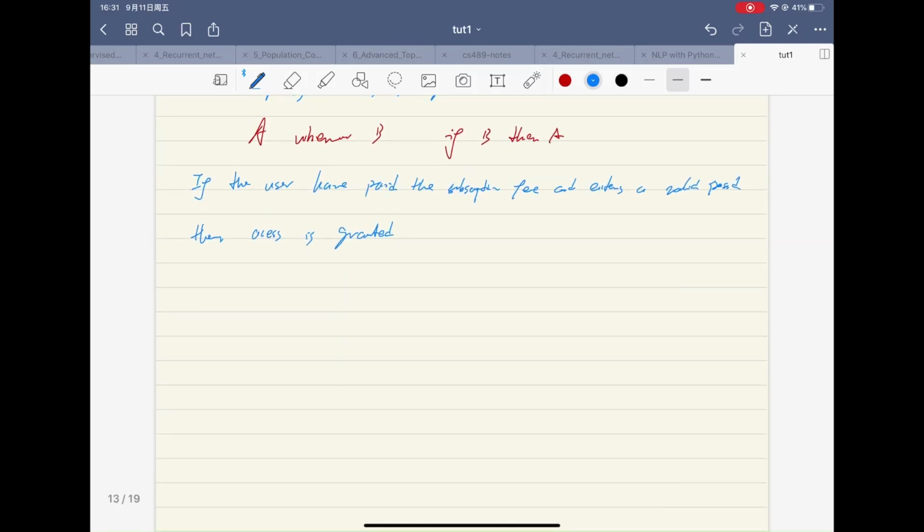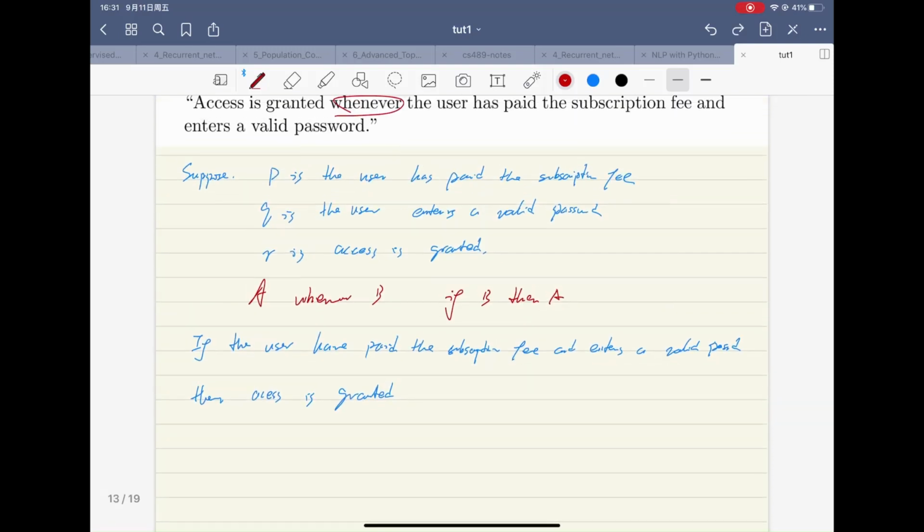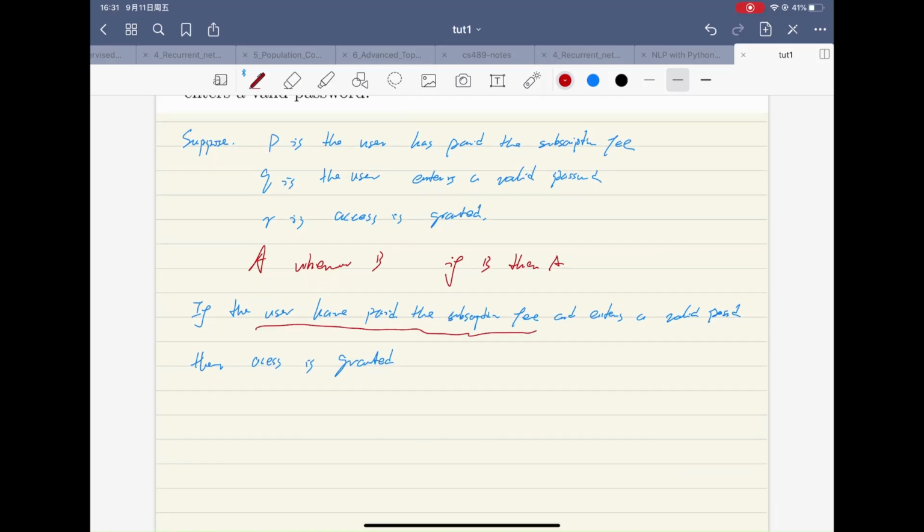So write the statement in propositional logic. The user has paid the subscription fee is P, and enters a valid password is Q, and access is granted is R. So when you are asked to write an English language system specification into propositional logic, after you find the hypothesis and conclusion, you need to find the logic connectives.